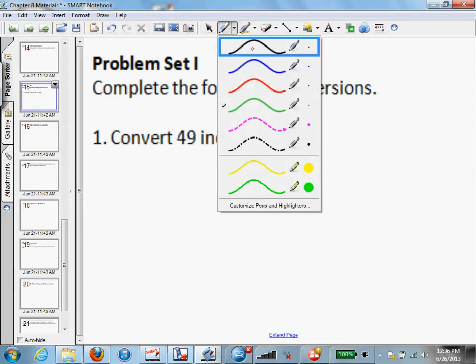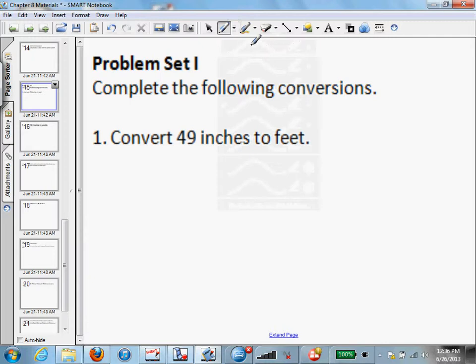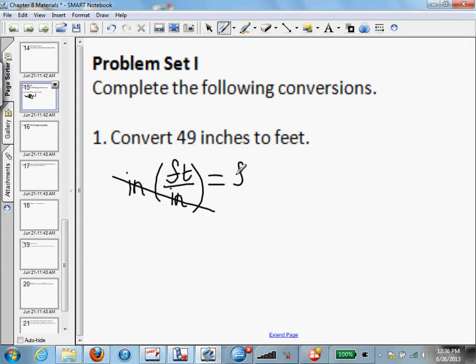Okay, the important thing to remember for this is inches to feet. So we're given inches, and if we were able to convert by a fraction where feet was on top over inches, you could see where these would cross out, leaving you with just feet, just like a fraction.